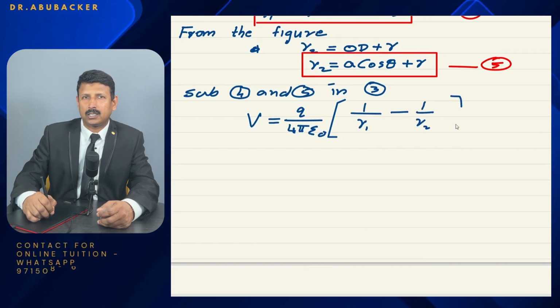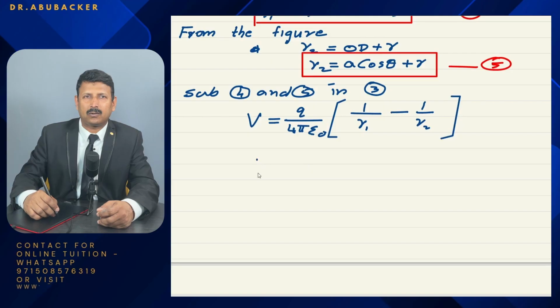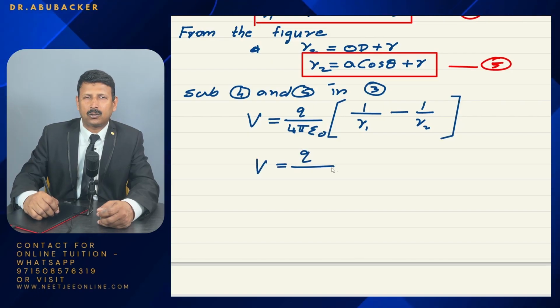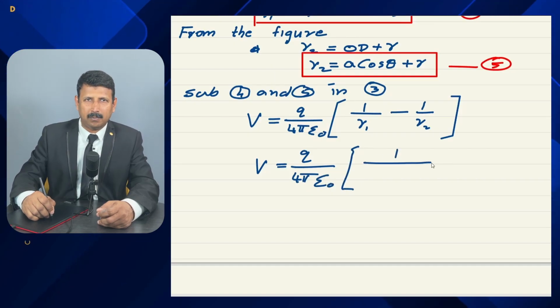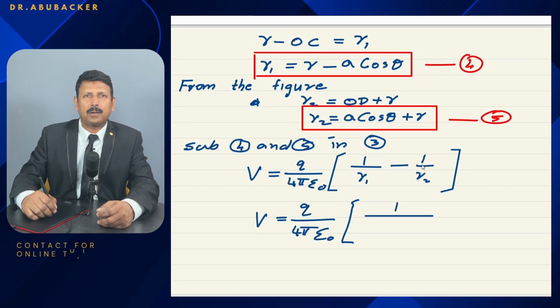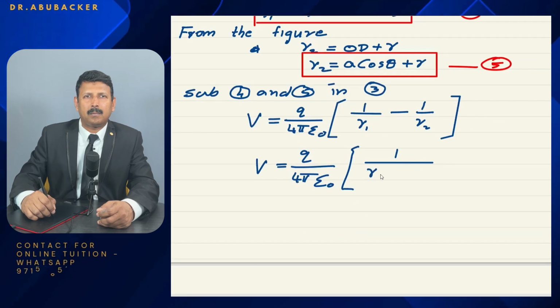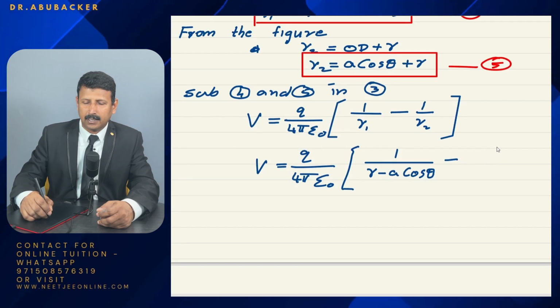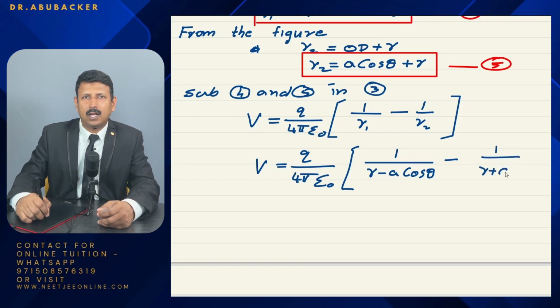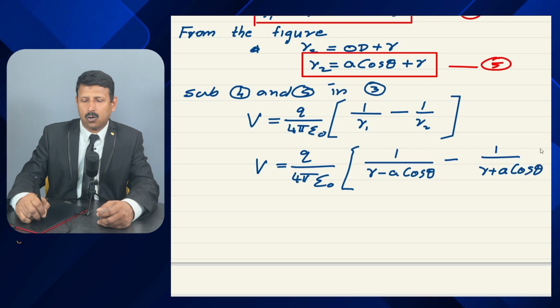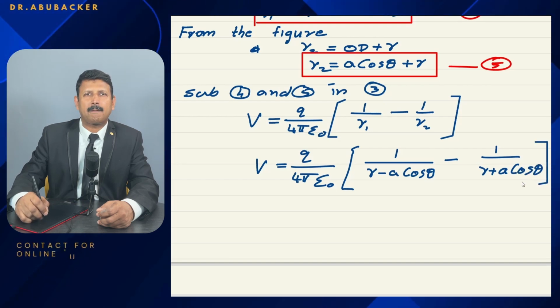Just copying the equation to get a connection with the actual equation. So substitute now: V is equal to q by 4 pi epsilon 0. Inside the bracket, 1 divided by, in the place of R1, r minus a cos theta. There is a minus in the equation. Then 1 divided by, in the place of R2, r plus a cos theta, close the bracket.